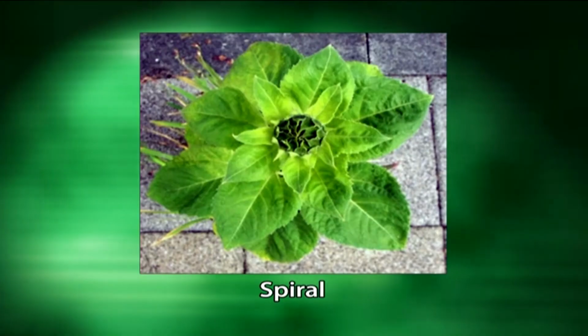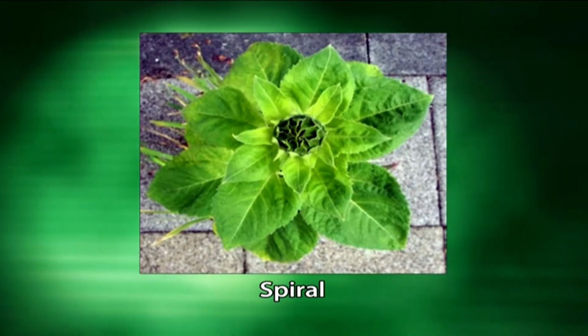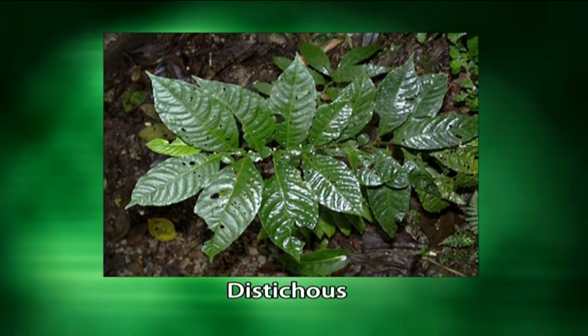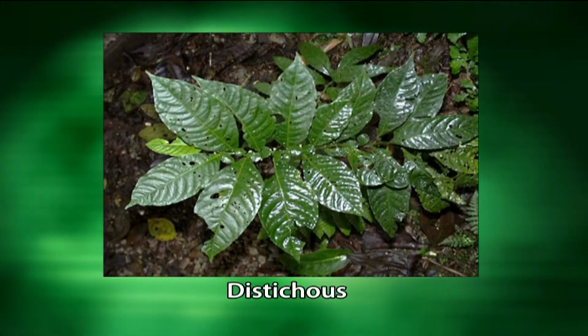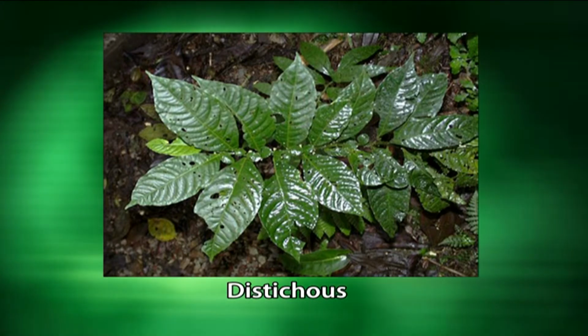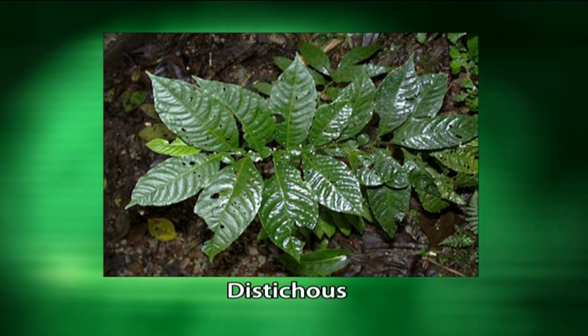In plants adapted to environments where light intensity or irradiance is high, the leaves are arranged in spiral phyllotaxis, while in plants adapted to low light intensity or shady conditions, the leaves show distichous phyllotaxis.